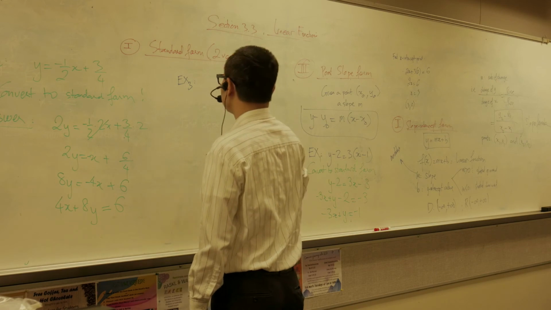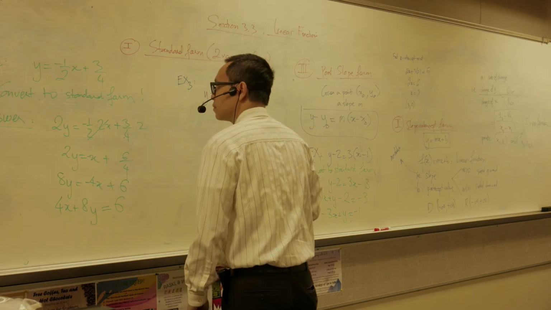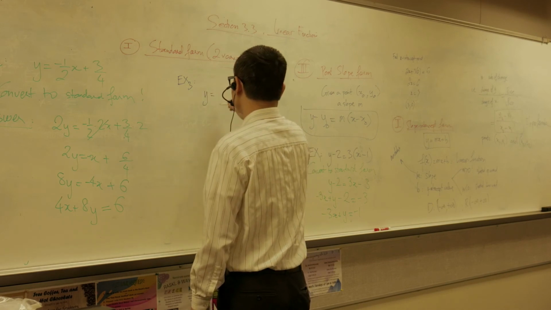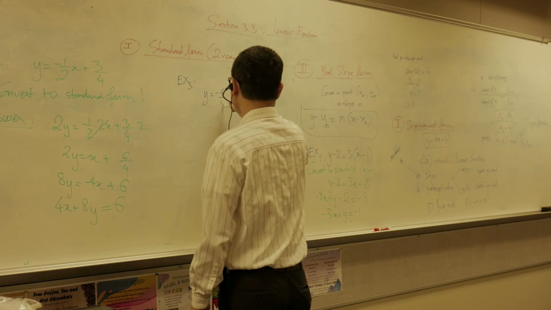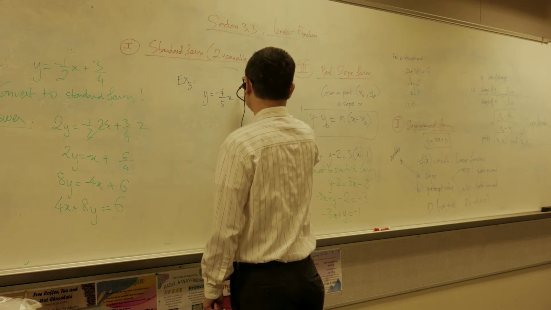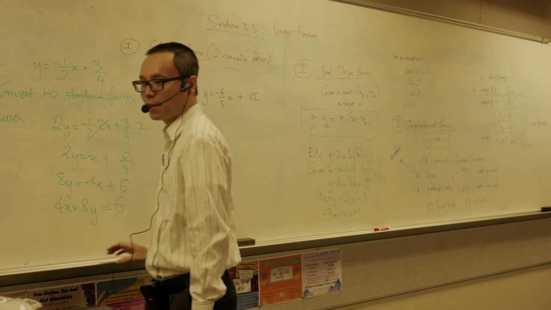So I have y equals 4 over 5 x plus square root of 2. There you go. Go ahead.